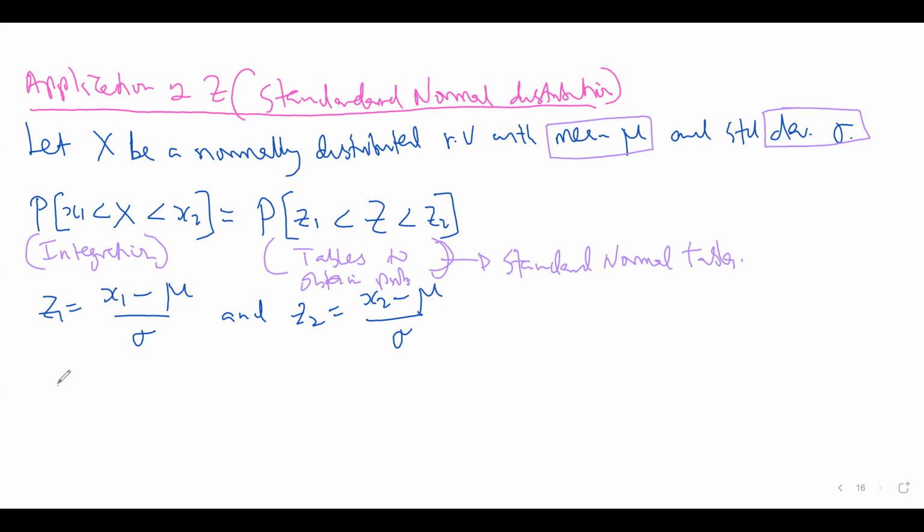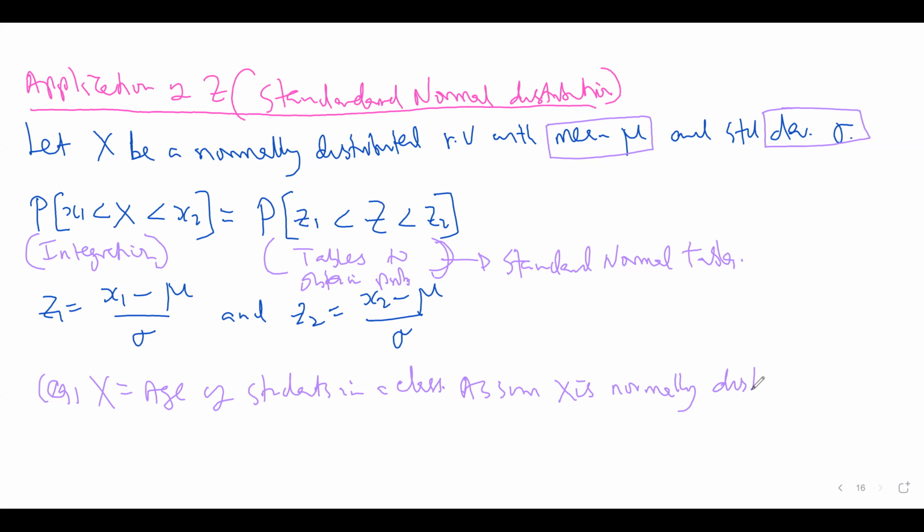Okay, so for example, let X be age of students in a class. Then we assume X is normally distributed. When you mention that X is normally distributed, you must mention mu and sigma.